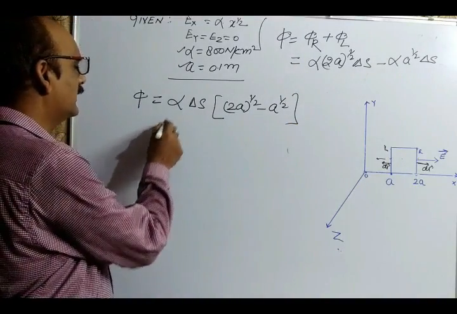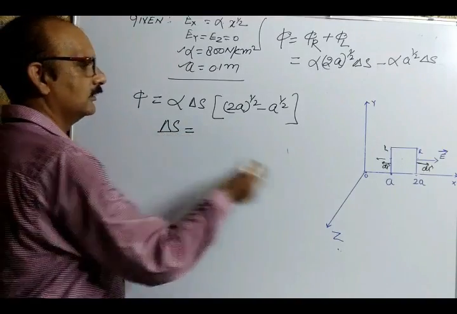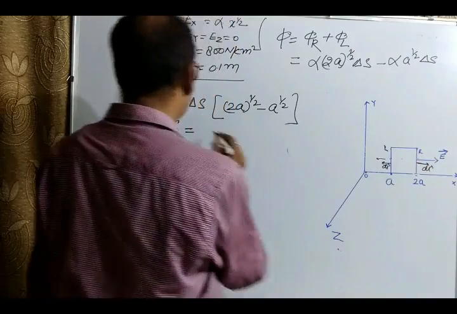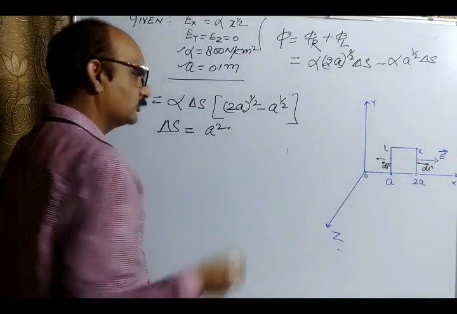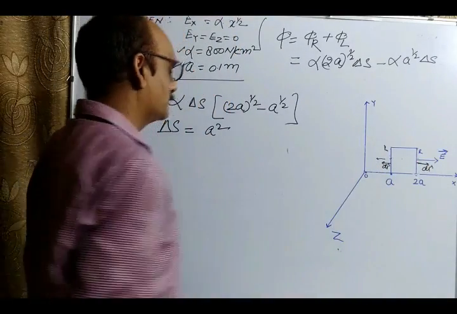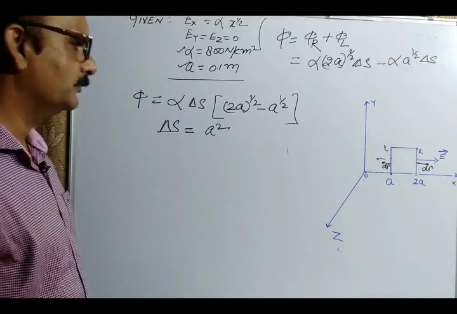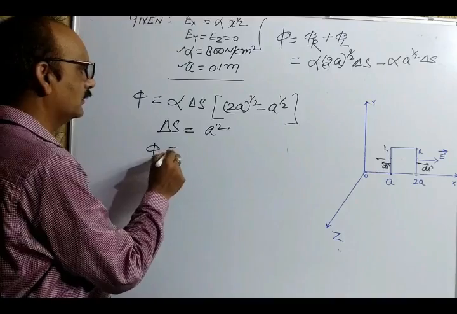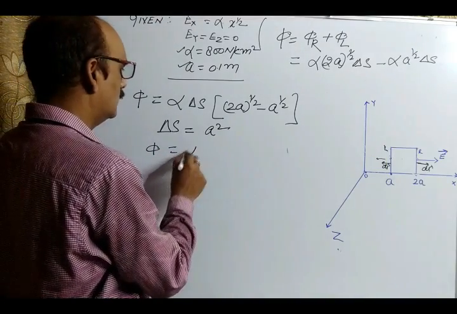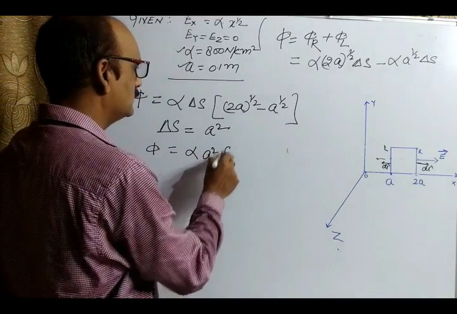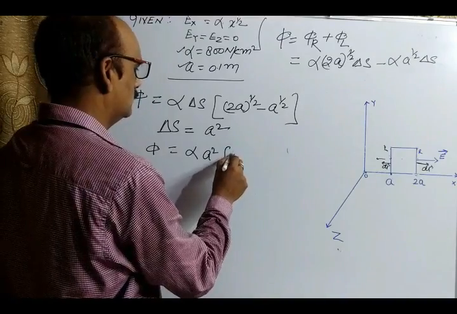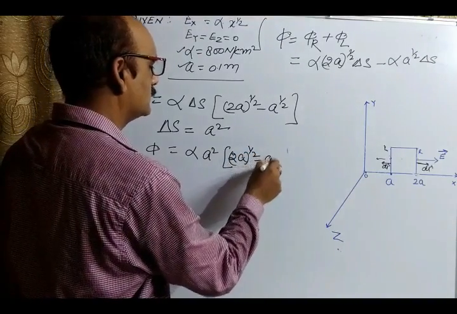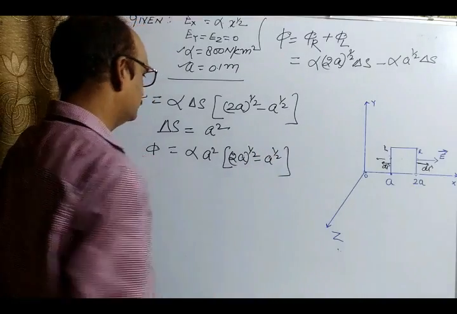Now delta S is what? Area of this face and area of this face. This will be a square because it is a cube of side A. Area of each face will be a square. Now phi equal to alpha a square into 2a to the power half minus a to the power half.